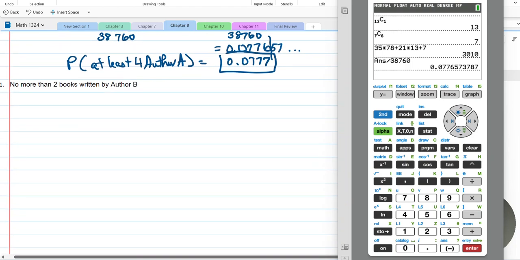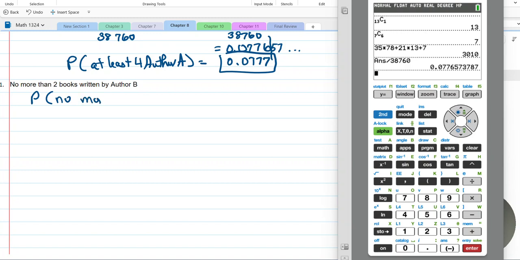Now we're at our last one. No more than 2 books written by author B. So author B can only have at most 2, no more than.